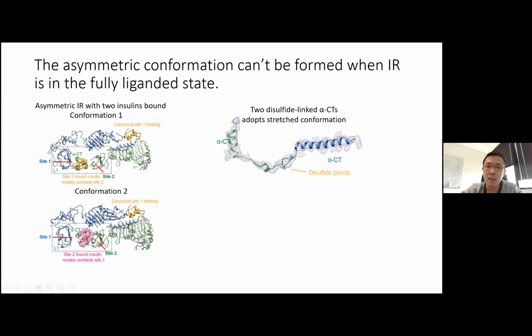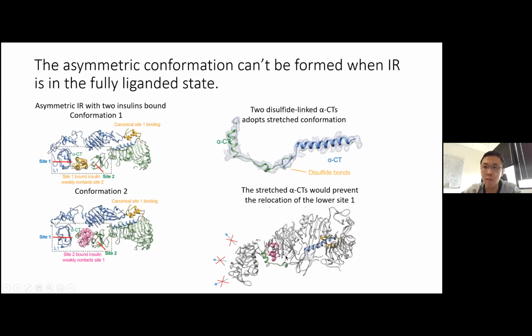Because the two FCT motifs are linked by disulfide bonds and so stretched, and they are linked to the two site 1s, that provides the conformational change of this blue site 1, making it go outward. Therefore, because the disulfide bond linked FCT is stretched and drives the conformational change of the blue site 1, it cannot provide enough space for the binding of another insulin to this hybrid site, right?